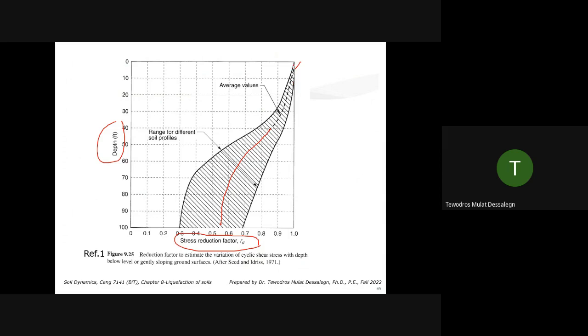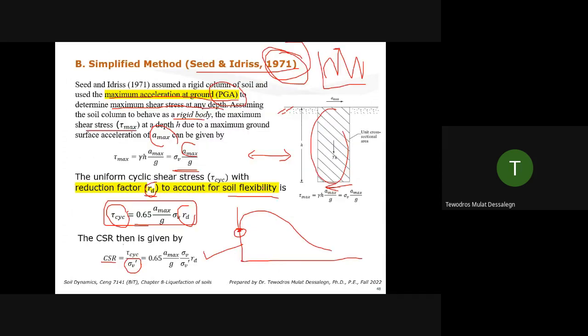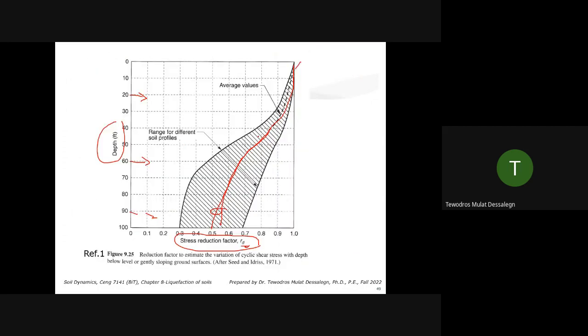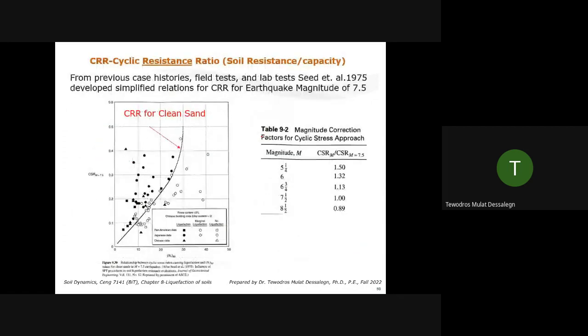Usually it's recommended to use the mid value, the mid range. So depending on where you are, at 20 feet depth, at 60 feet depth, at 90 feet depth, you can use the average value for rd in the previous equation. So that was the cyclic stress. That was the demand part.